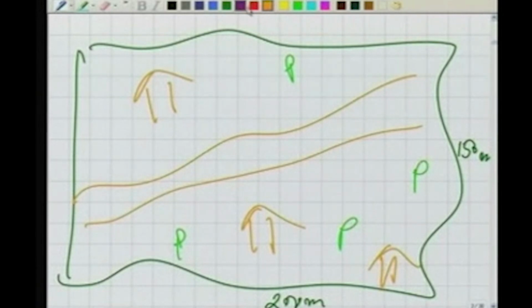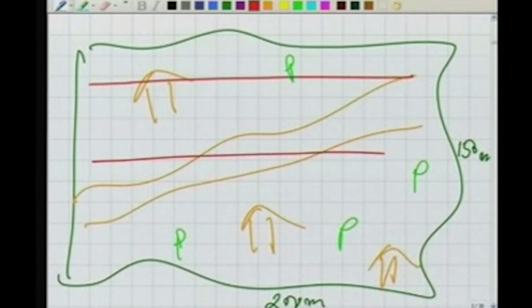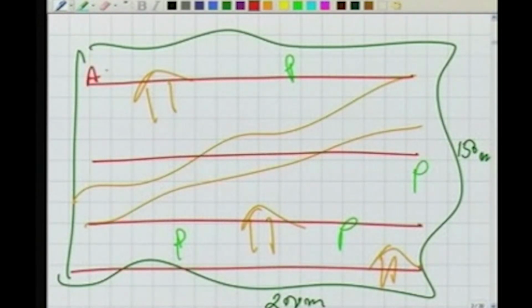I have one chain line here, another chain line here, another chain line here, and one chain line here. It is AB, A dash B dash, A double dash B double dash, A triple dash and B triple dash.